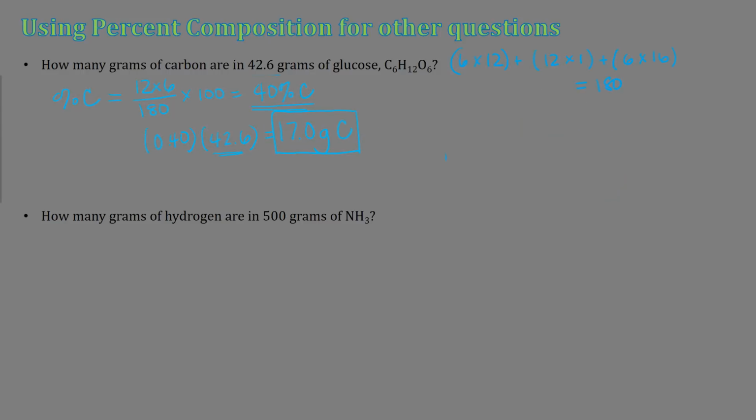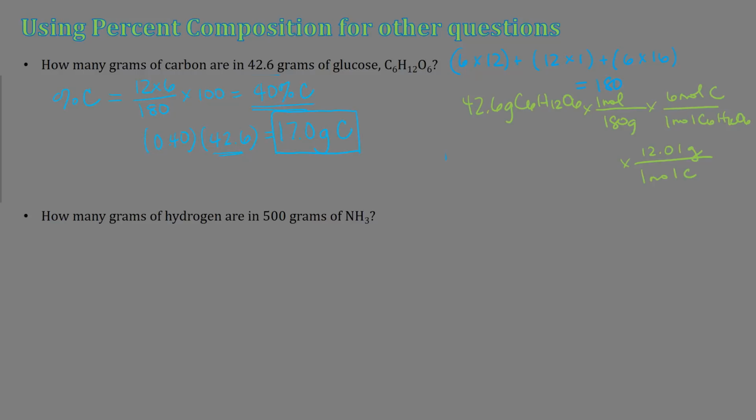The other way to do this would simply be starting with 42.6 grams of glucose, saying there's 180 grams per mole, and then for every single mole of glucose, there's 6 moles of carbon, and then for every mole of carbon, there's 12.01 grams. You're essentially doing the same thing. You'd get the same answer, but sometimes it's easier to do it this way.